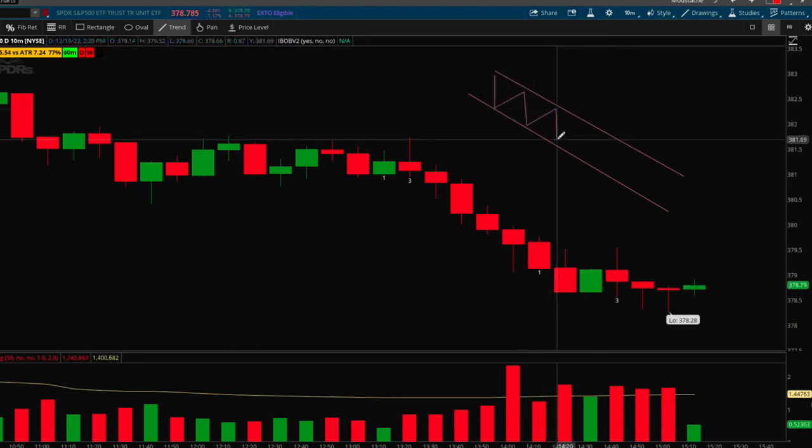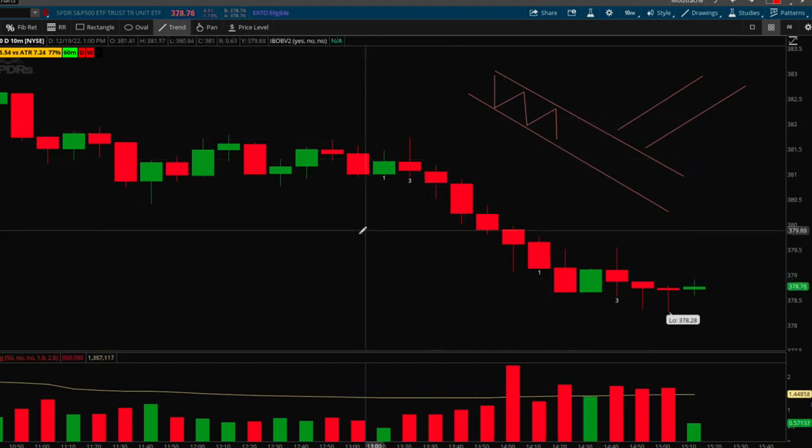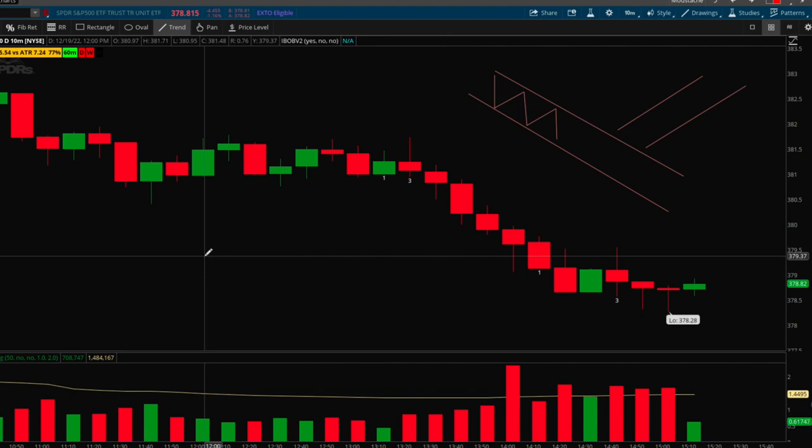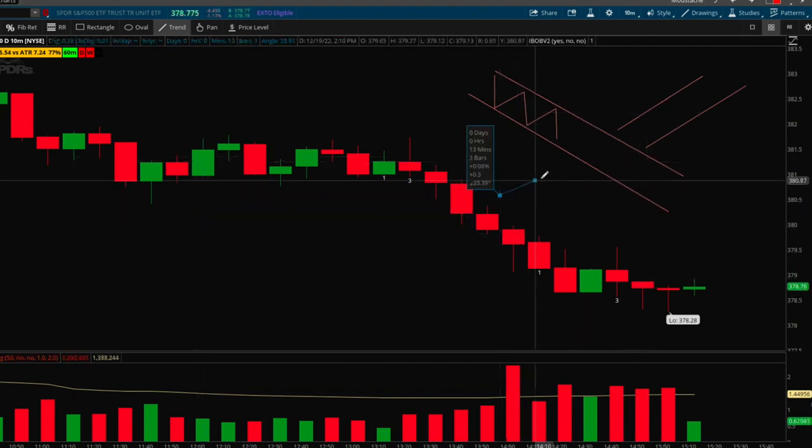And in an uptrend we have the opposite, right? Higher highs, higher lows. But when we have an outside bar, like I just mentioned, we have a higher high and a lower low.